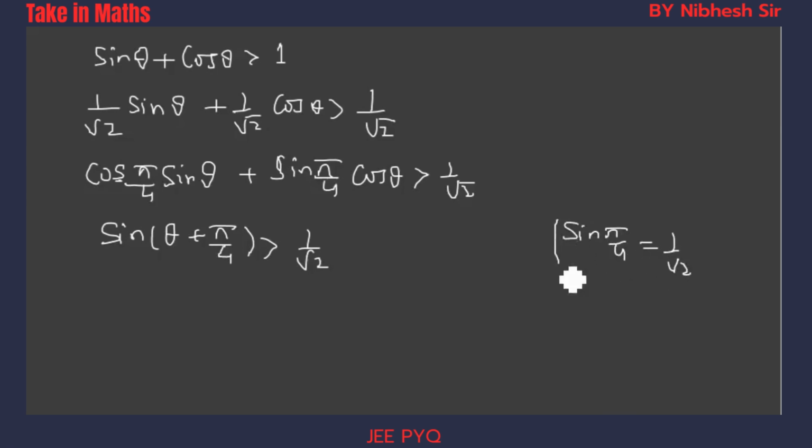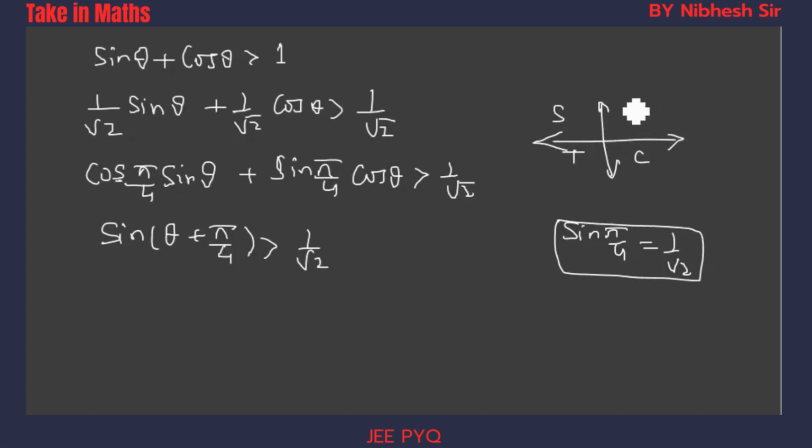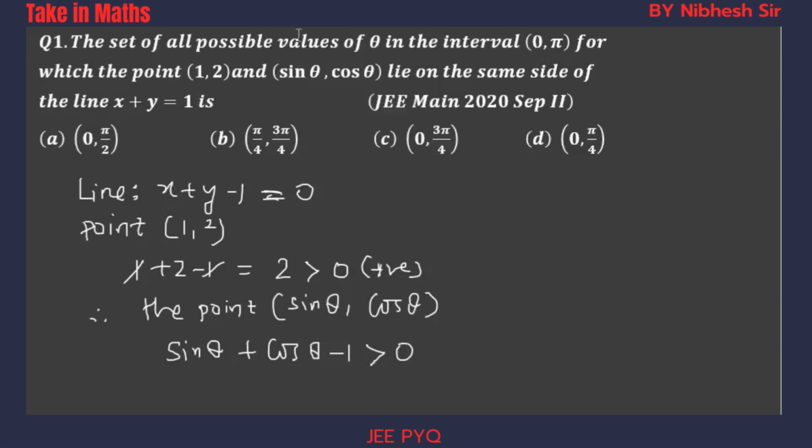So sin is positive in the first and second quadrants. By the CAST rule, in the first quadrant all trigonometric ratios are positive, in the second sin and cosec, in the third tan and cot, and in the fourth cos and sec. So in the first and second quadrants sin is positive. Here we have theta in the interval 0 to pi.